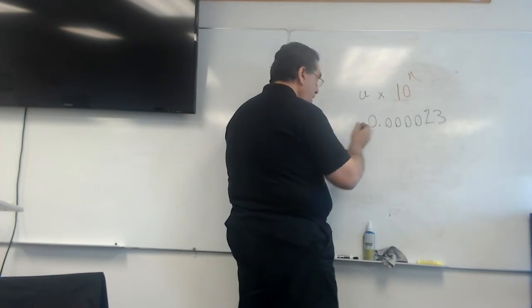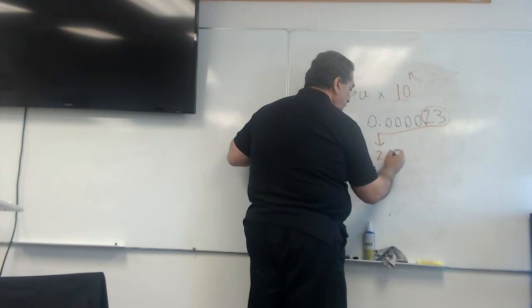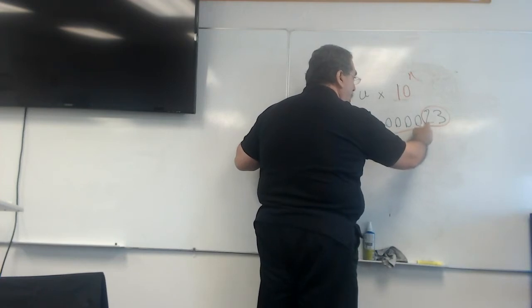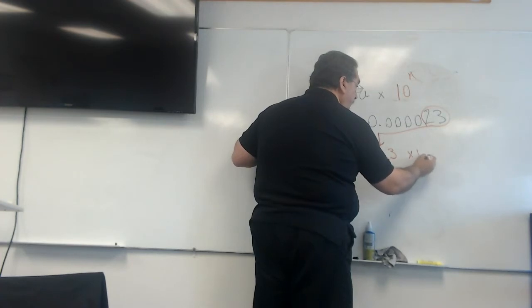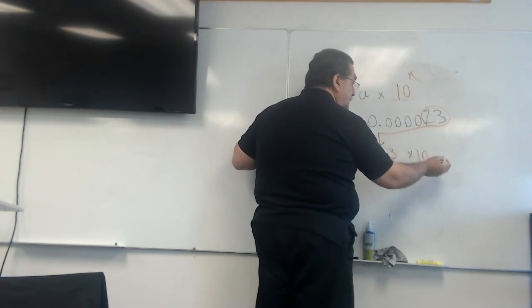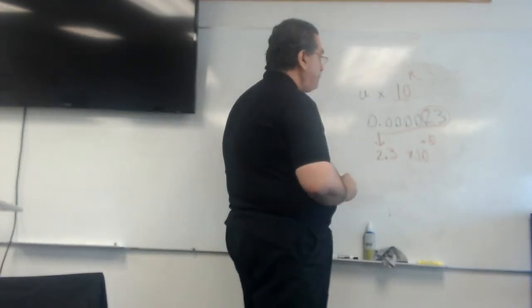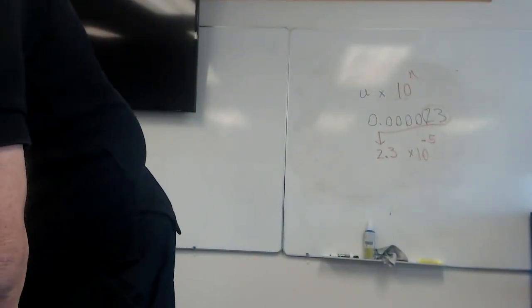So first, bring this here, 23. I put a decimal point here, but if I do that, 1, 2, 3, 4, 5. 10 to the power of negative or positive? Negative. 10 to the power of minus 5.